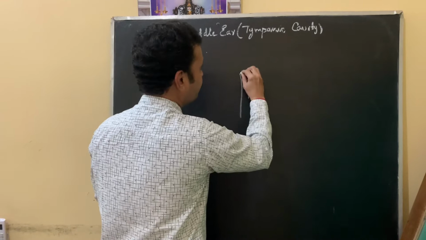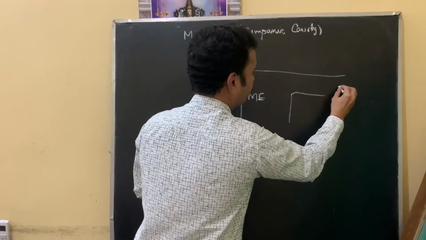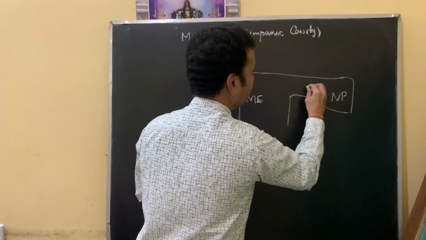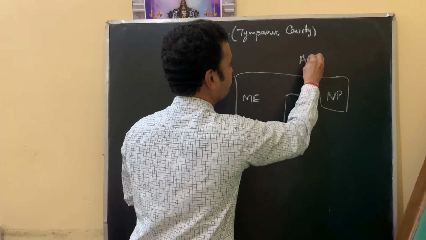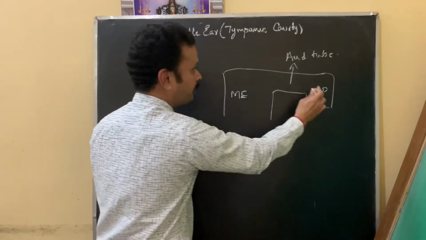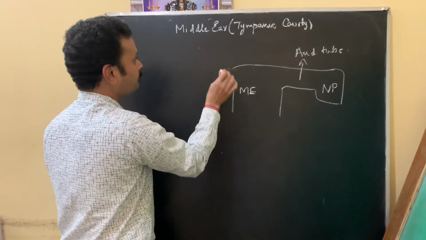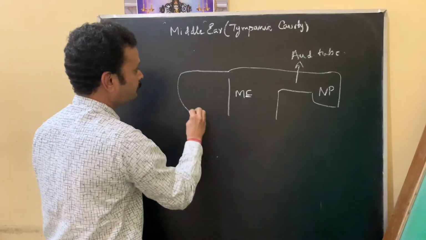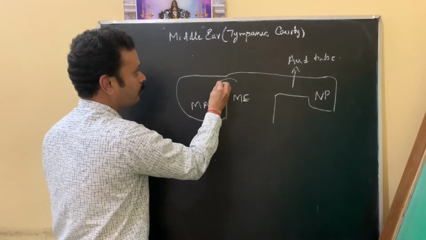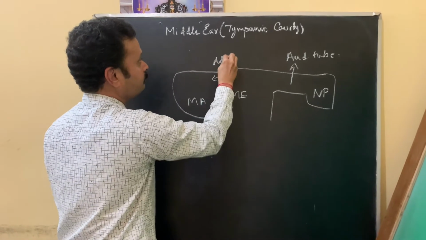It communicates in front with the nasopharynx through the auditory tube, and behind it communicates with the mastoid antrum through this opening, which is the auditus to antrum.